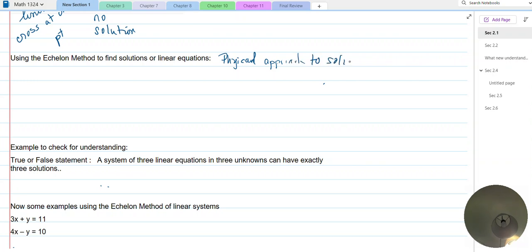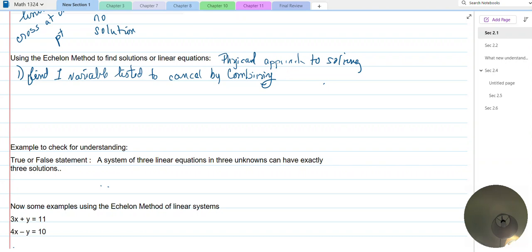And what I mean by that is that we're going to be using first finding one variable listed to cancel out by combining, that means to add, combining systems. And of course, this is for two, and that's what we're starting with. So we're going to try that.